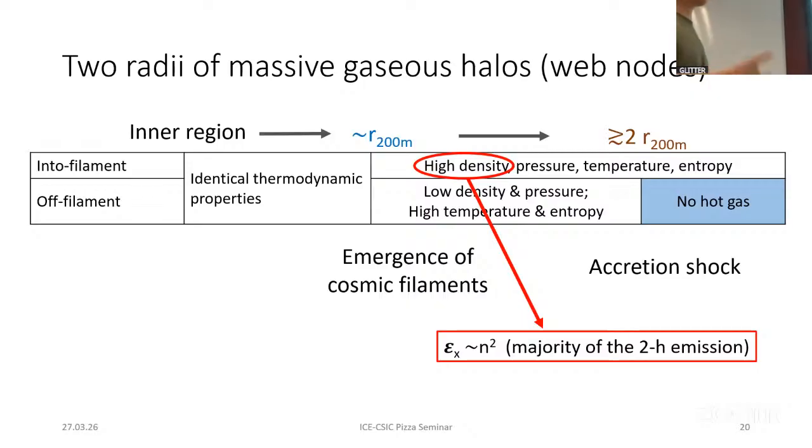That really tells us the signal we see outside R200m must be from the cosmic filaments, because they have high temperature and high density gas. And the X-ray emissivity scales with the density squared, so it must be from the filaments. And the boundary of the hot gas in the filament direction is the accretion shock, because outside the accretion shock, you don't have any of this.